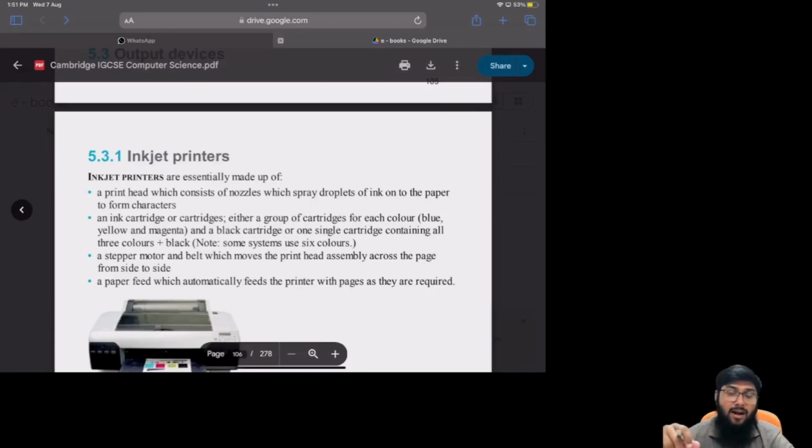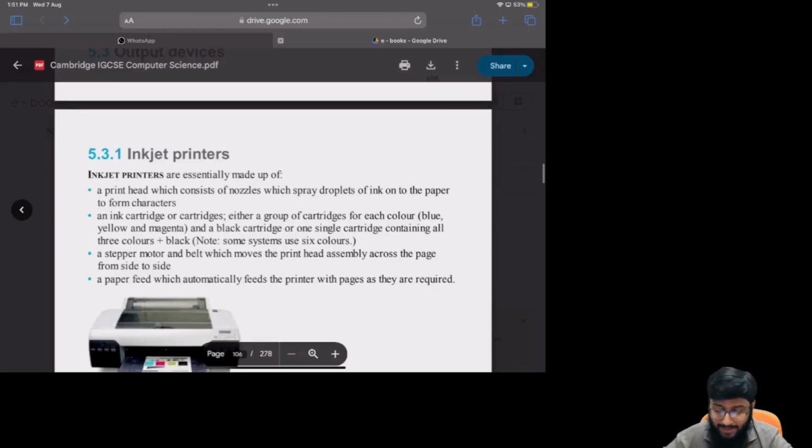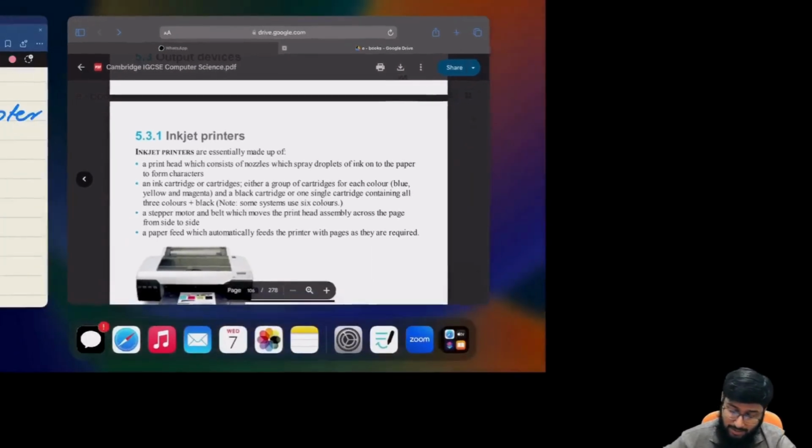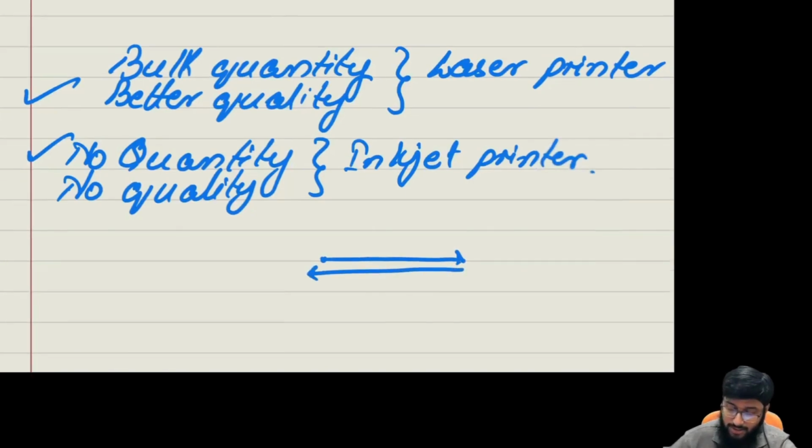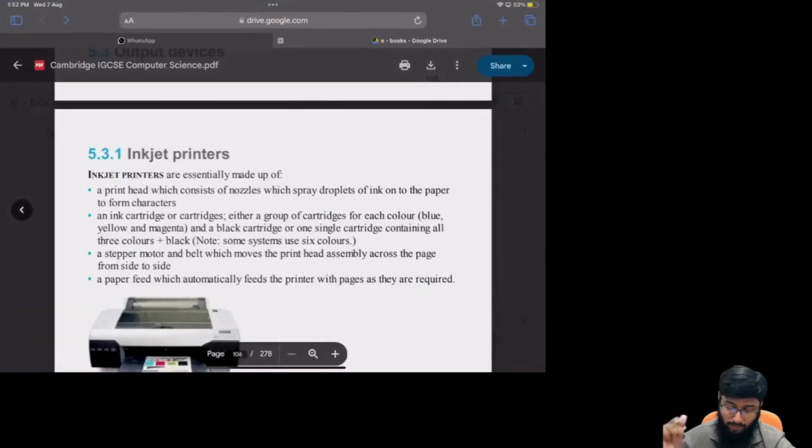Then we have an ink cartridge or cartridges that might be 4 or 6, and might be a single one if it's a monochrome printer. Then a stepper motor and a belt. What is the utilization of a stepper motor and a belt? They move the print head from left to right and then again from right to left.